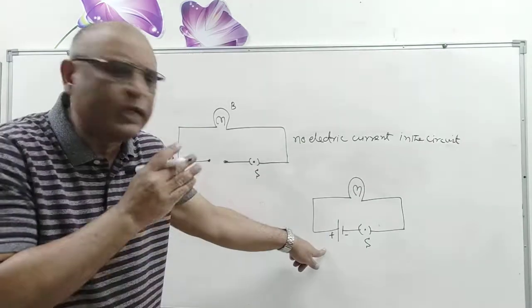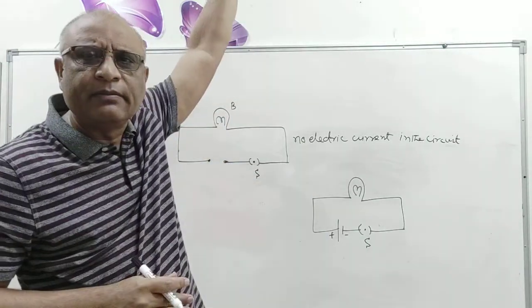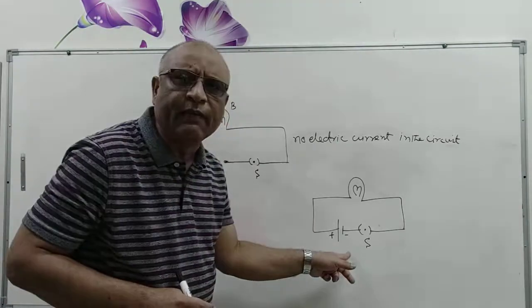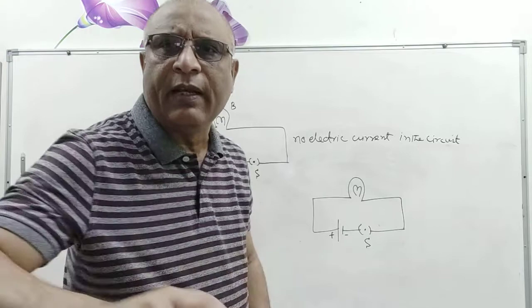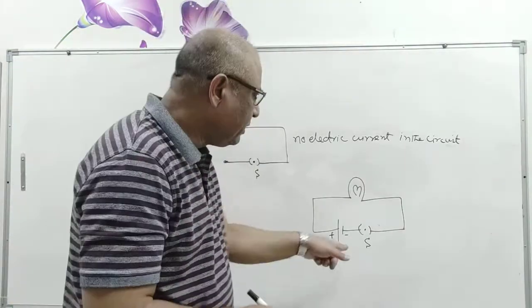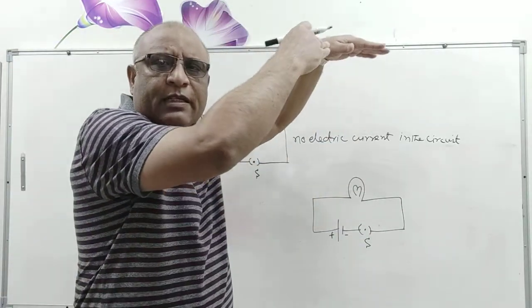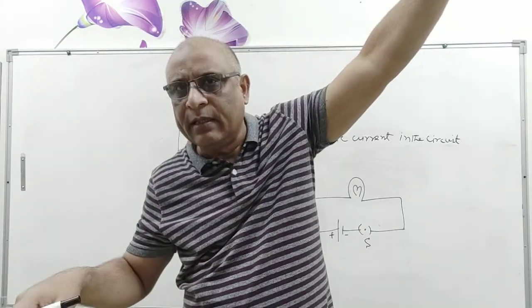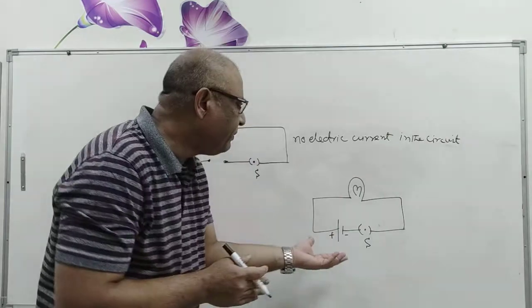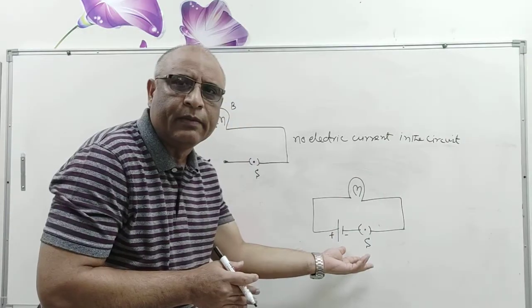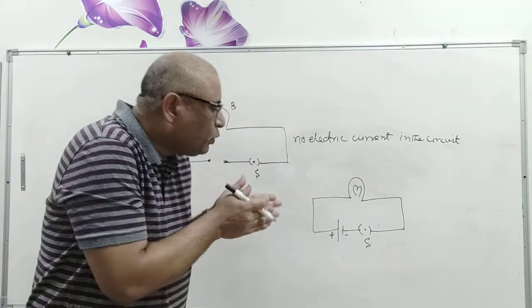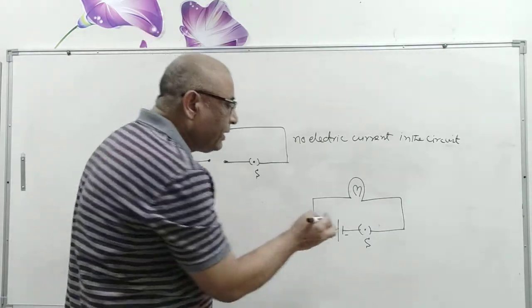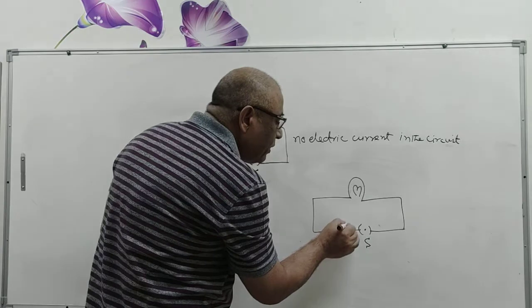Imagine a mountain at the positive potential, and the negative is the sea level. Just like a declivity of the land, just like a height, a potential difference is created between positive and negative. So, due to this potential difference, electrons are forced.